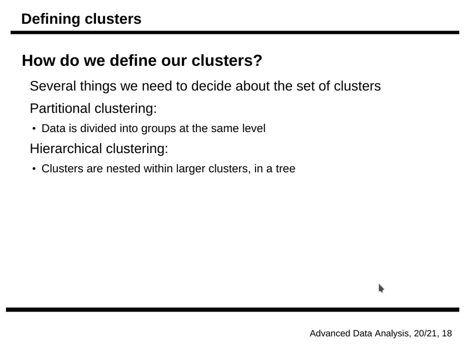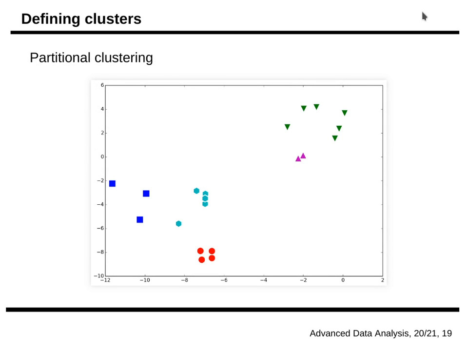So there are different considerations that we can make when trying to define our clusters. First, we can think whether we want to divide the data all at the same level, so basically doing a partition, or if we have hierarchical relations, if we have clusters within clusters. For example, this would be partitional clustering.